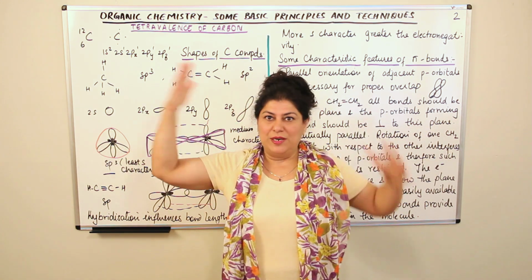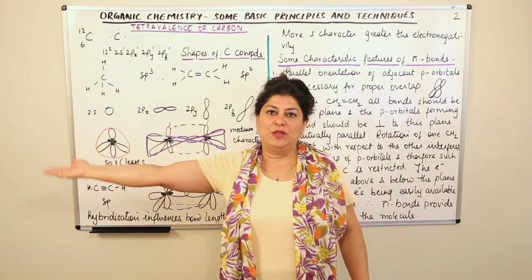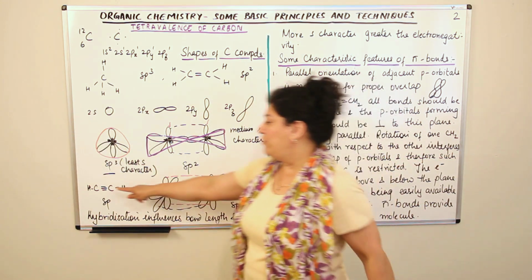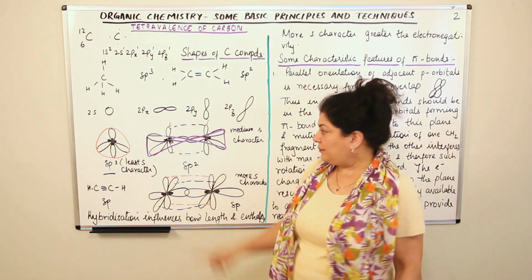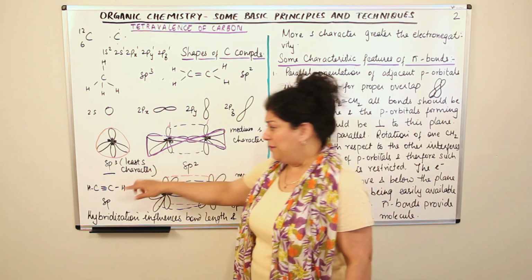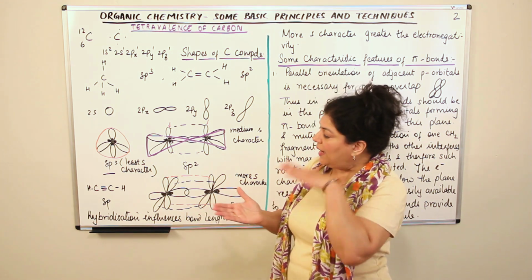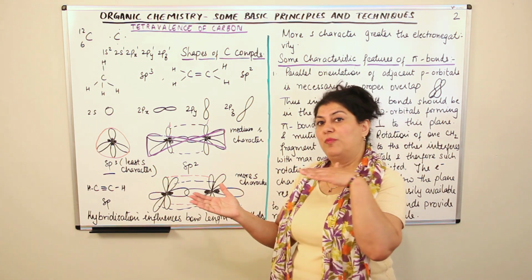So if this is the nucleus, one sp orbital will be on this side and the other sp orbital on the other side. So the molecule that will be formed will be linear. This was trigonal planar, but this is a linear bonding that will take place. So the hybridized orbitals are going to form linear bonds.